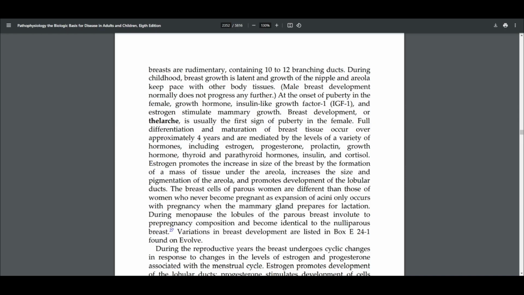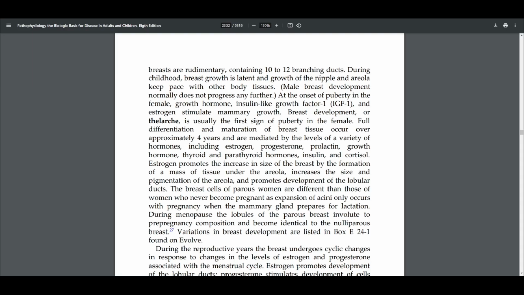At the onset of puberty in the female, growth hormone, insulin-like growth factor 1, and estrogen stimulate mammary growth. Breast development, or thelarche, is usually the first sign of puberty in females.